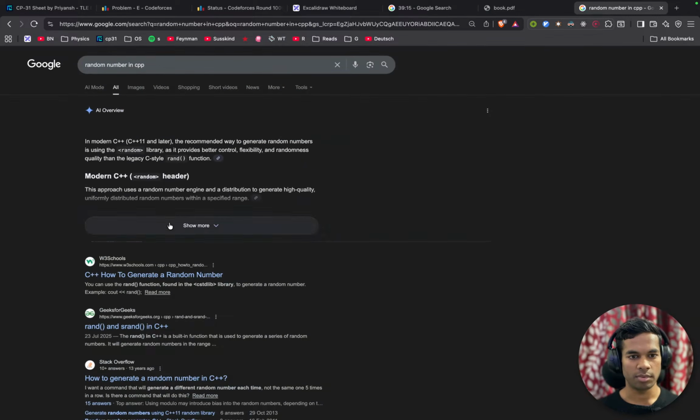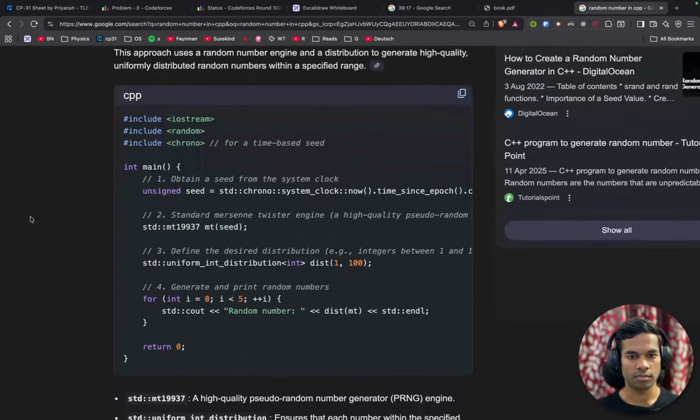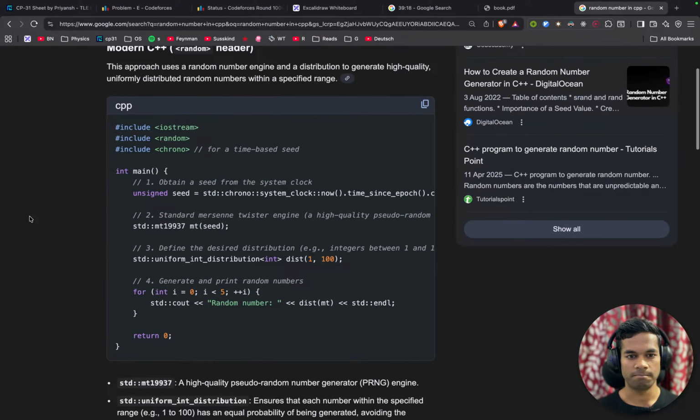Random number in C++. Yes, we need a seed, and then we have to initialize this mt19937, which is the Mersenne twister engine, and a uniform int distribution, dist, and then this distribution takes in this engine and gives us a number.